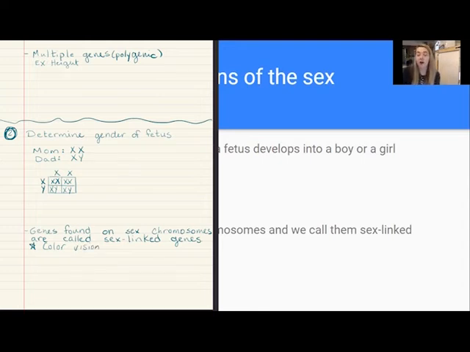Sometimes genes are found on sex chromosomes and we call these sex-linked genes. One type of gene that we know is sex-linked is the gene for color vision versus color blindness. We know that it's found on the X chromosome. So an X chromosome with a big C is normal color vision, and it's dominant.